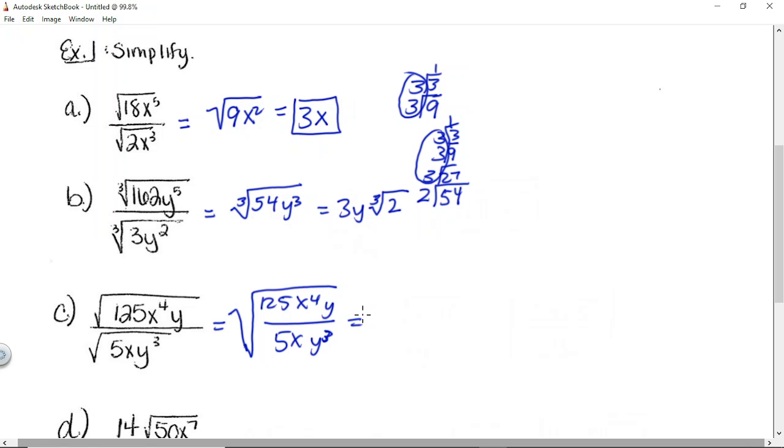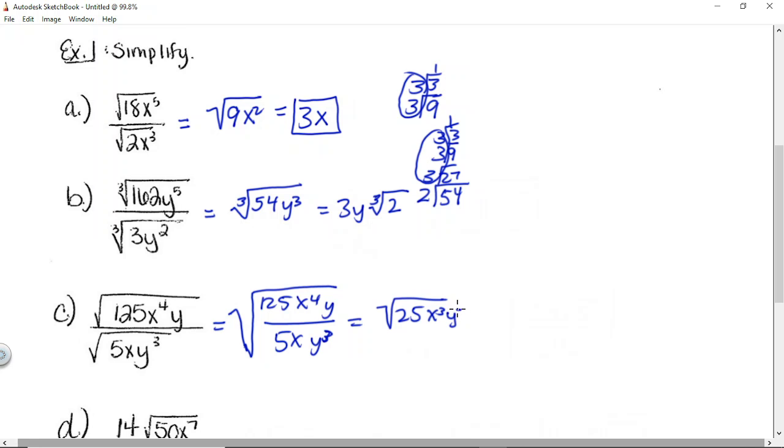So 125 divided by 5 is 25, and this is inside the radical, of course. And then x to the 4th divided by x. Subtract exponents, so you get x cubed. And then y divided by y to the third: subtract exponents, 1 minus 3 is negative 2.